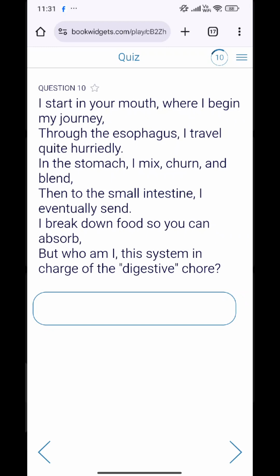Yes, Miss Bimayra May. Is it part of the digestive system, ma'am? Yes. Not a part, but it is actually our digestive system. The answer is the digestive system. Yes, very good. Give a hand for everyone.